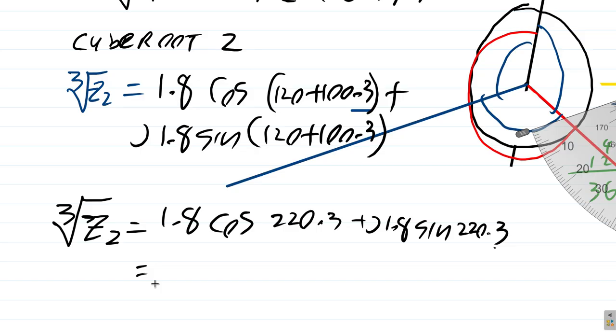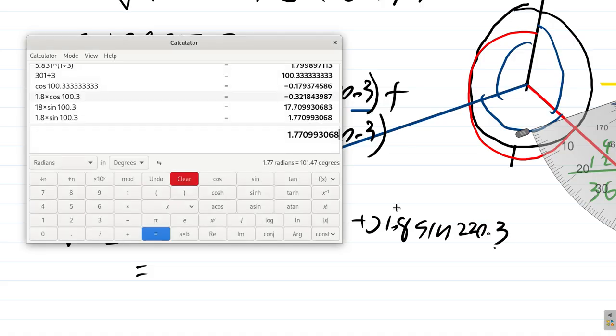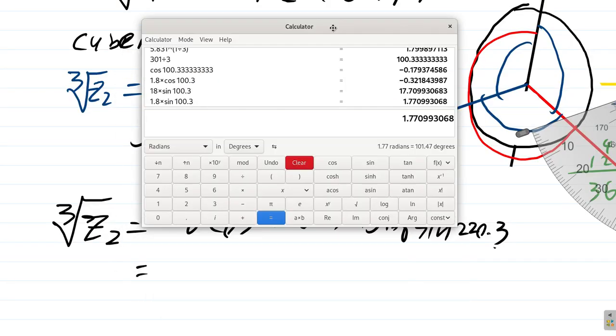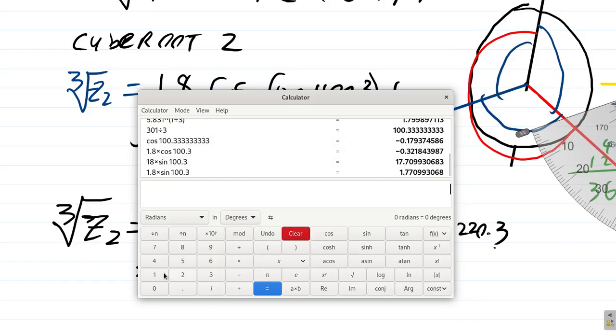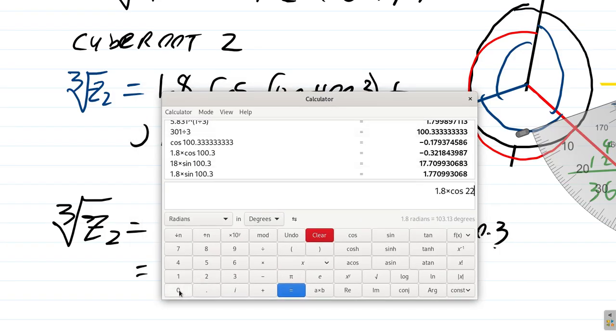All right, so let's get our calculator and see what's going on. It is 1.8 multiplied by cos 220.3, which equals negative 1.37.